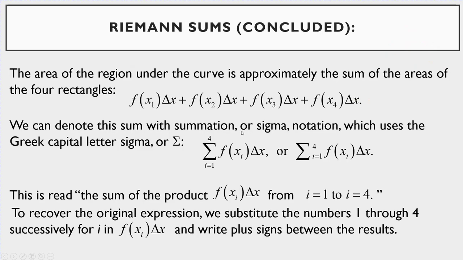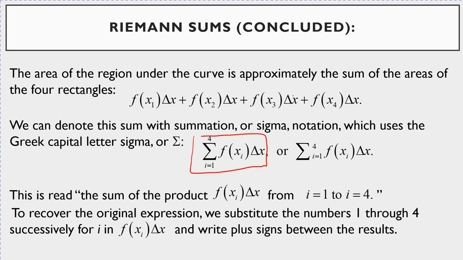Okay, so we denote this sum with summation or sigma notation, which uses the Greek capital letter sigma. It just looks like this. So we're going to sum up f of x sub i times delta x, and this notation says i equals 1 to 4. So it's saying start at 1 and go to 2, then to 3, then to 4. It's just writing it in this notation instead of out like this.